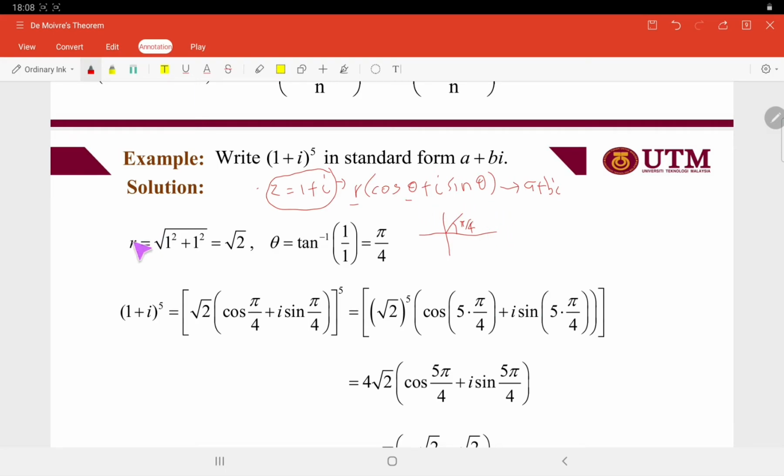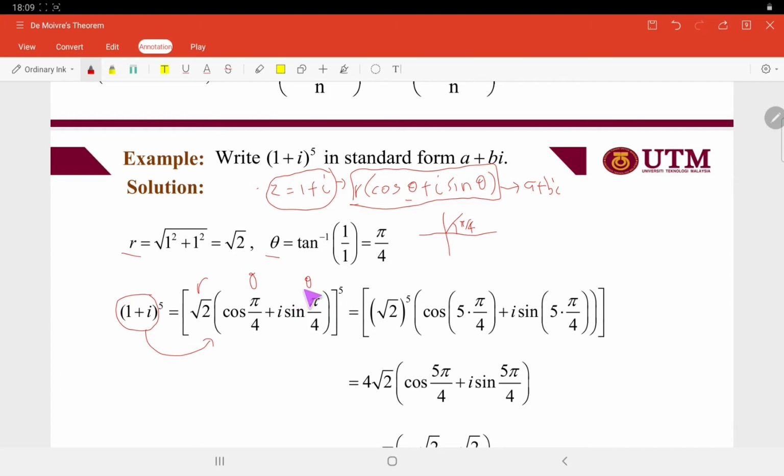So now we have obtained the value of r and theta, so we can substitute into this formula. So we have here (1 plus i) to the power of 5 equals r, which is square root of 2, times cos theta, which is pi over 4, plus i sin theta, which is pi over 4, raised to the power of 5. So we just rewrite this complex number in terms of polar form.